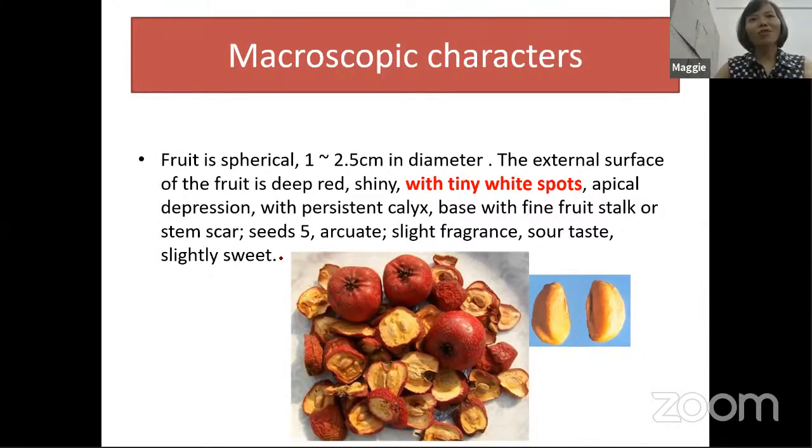So let's introduce these characters. The first, the shape. What do you think the shape of the hawthorn is?